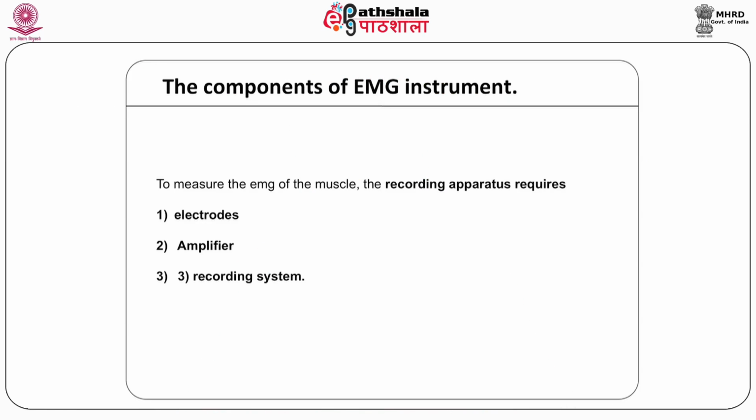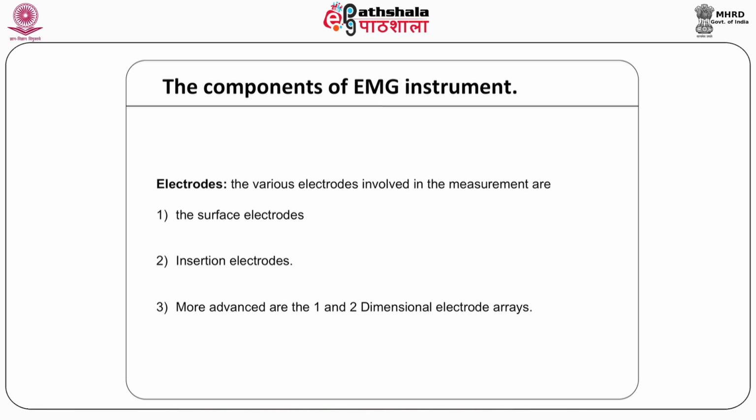First, to measure the EMG of the muscle, the recording apparatus requires electrodes, an amplifier and a recording system. Now, let us discuss the electrodes. The various electrodes involved in the measurement are the surface electrodes, the insertion electrodes and more advanced one and two dimensional electrode arrays.